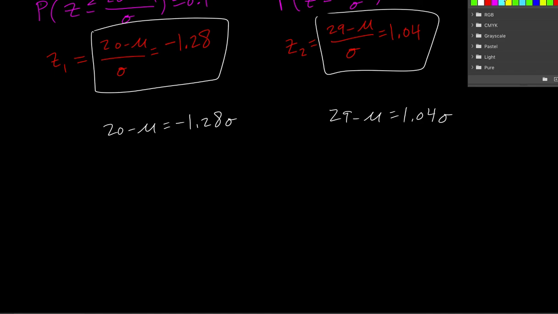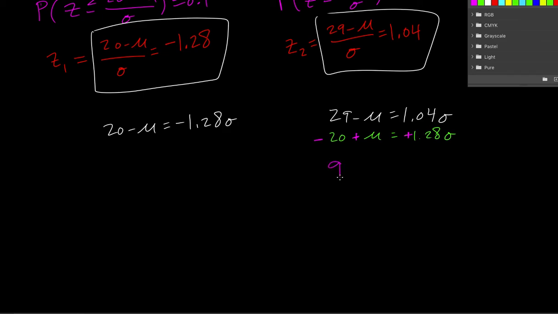Okay, from this point, we want to solve for mu and sigma, and so what we could do is just use elimination. We could put them under each other. And if we just change all the signs on one of them, the mu's will cancel.